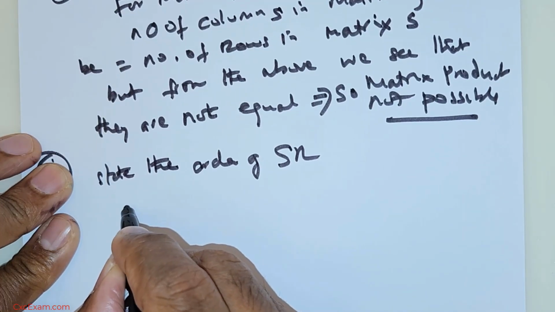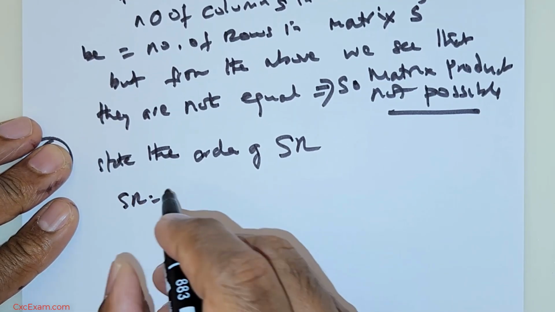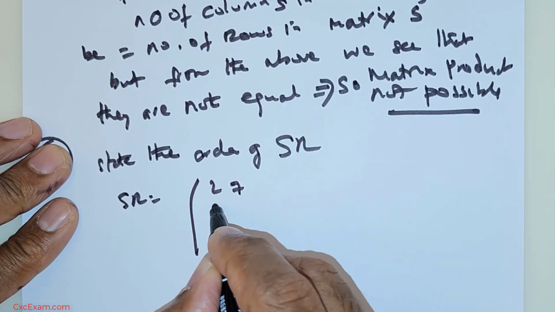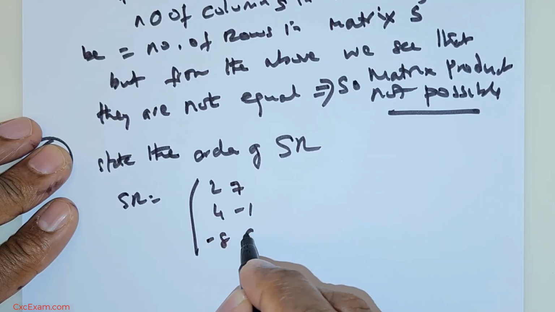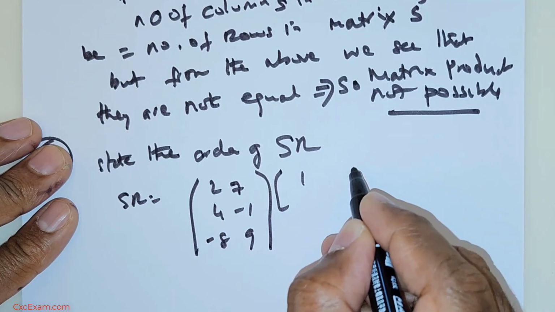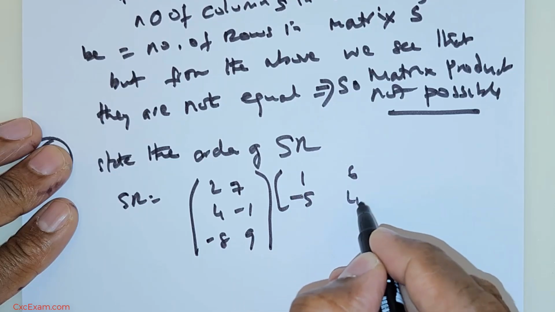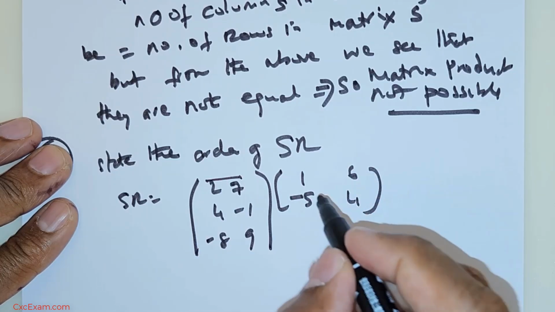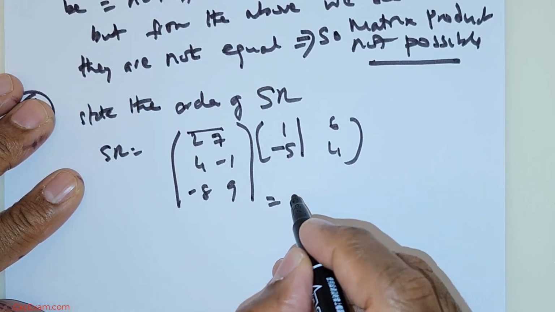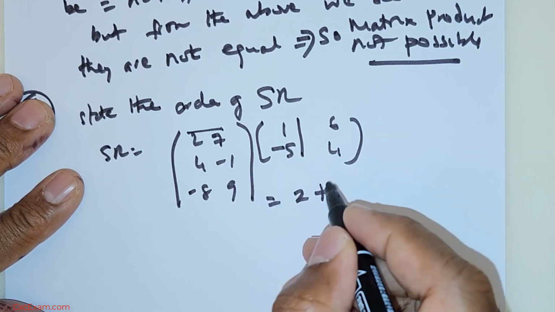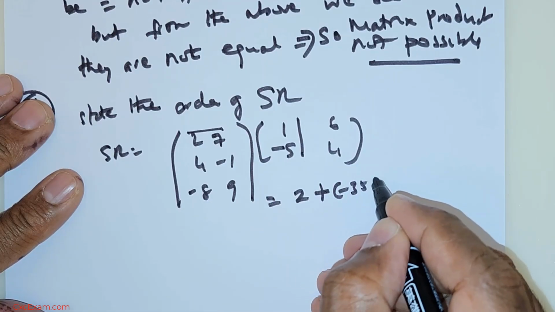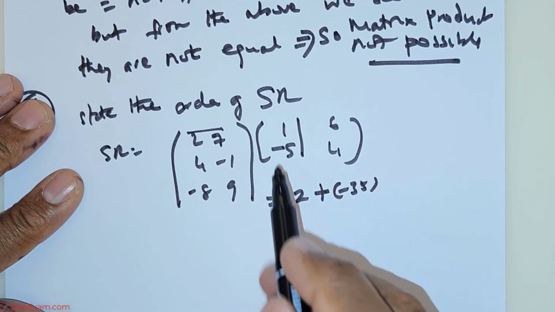Now for SR, you need to find what is SR. So S is 2, 7, 4, negative 1, negative 8 and 9, and R is 1, 6, negative 5 and 4. So the row will go with the column. So find out the multiplication. 2 into 1, that's 2, plus 7 fives are 35, that's negative 35, with a negative sign.